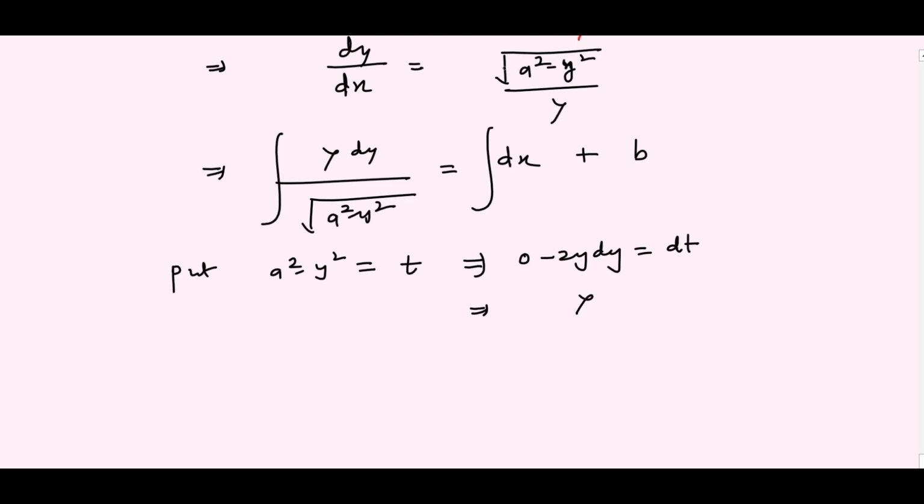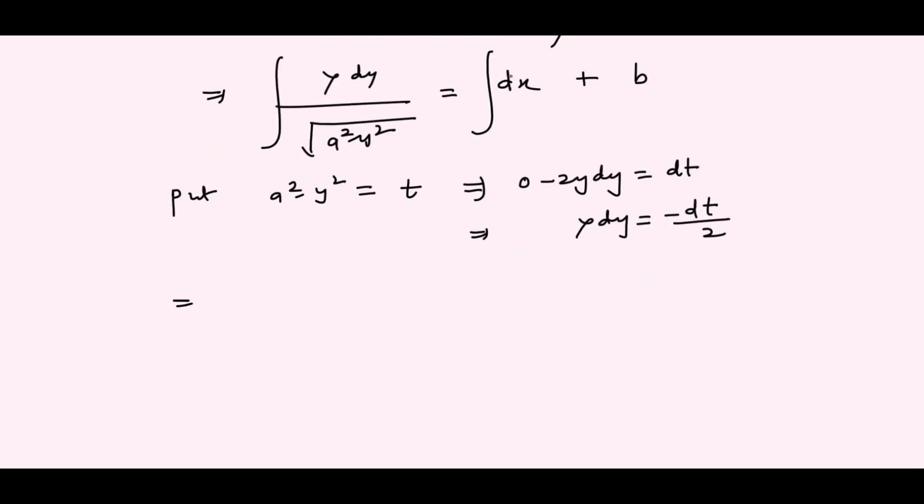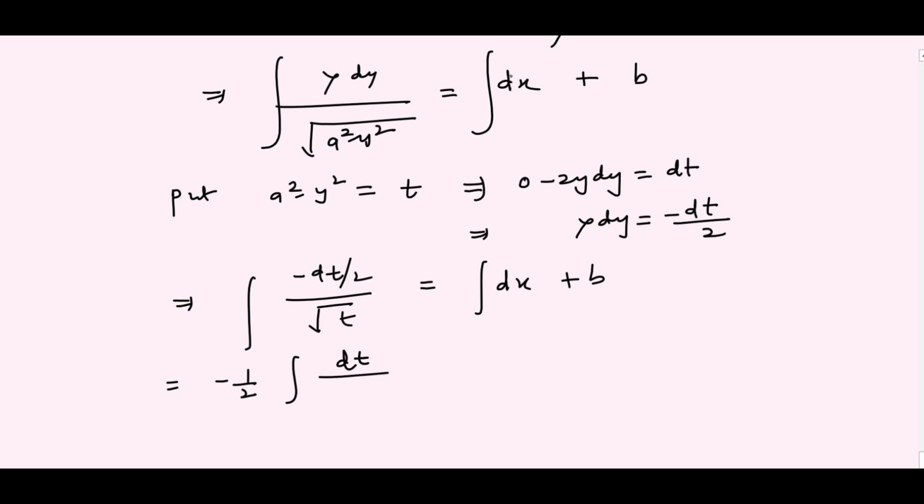So now further y dy is equal to minus dt over 2. So further substitution it will give minus dt over 2 over square root of t is equal to integration of dx plus b, that is minus 1 by 2 the integration of dt over square root of t is equal to integration of dx plus b.